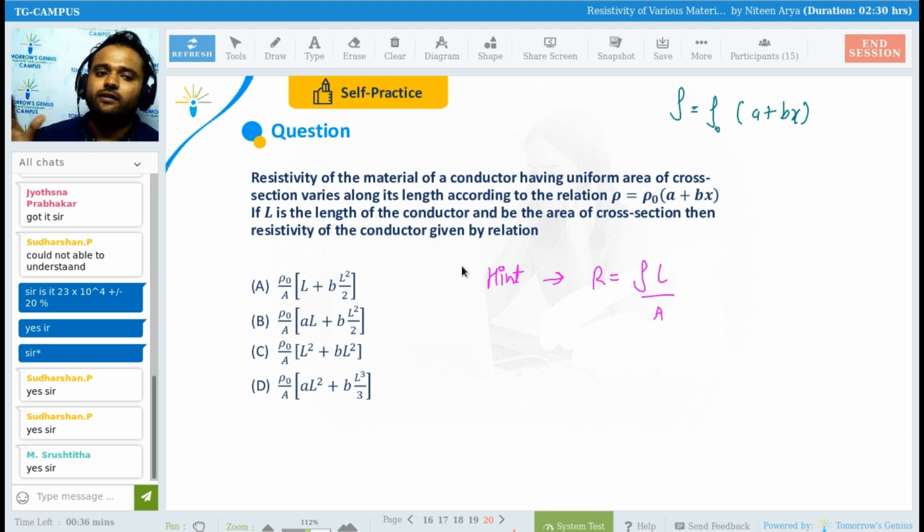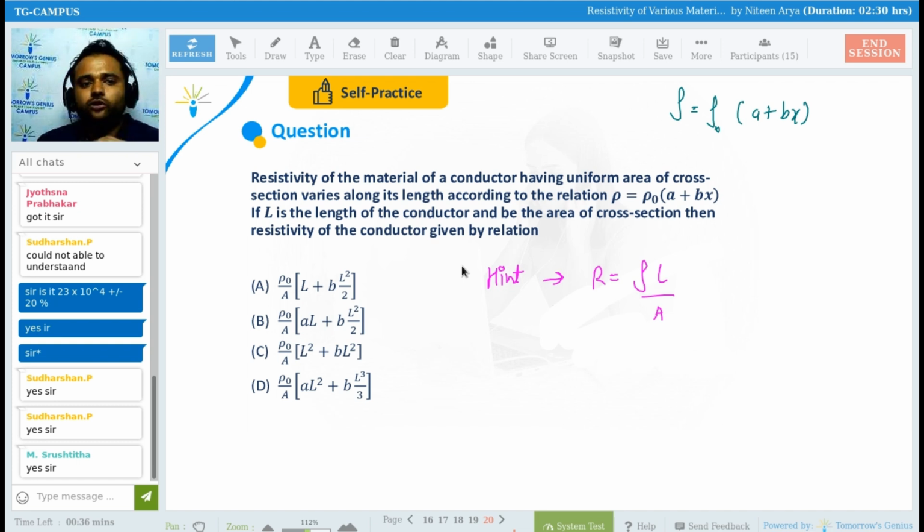Simple. Now I'm not going to tell you anything else, neither am I going to write. If you understand whatever I'm saying, tell me the answer within the next a minute or two. Instead of R, write dR. Instead of rho, write this relation, rho naught (A plus Bx).